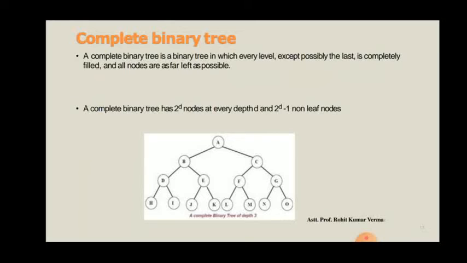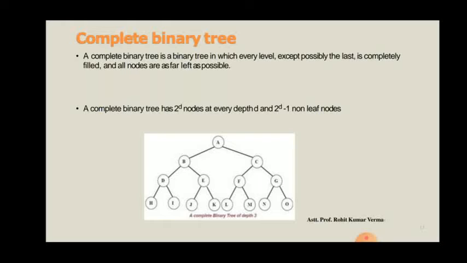So dear students, in a complete binary tree, every level except possibly the last is completely filled. What happens in a complete binary tree? You can see in this tree that at the last level all the nodes are completely filled.